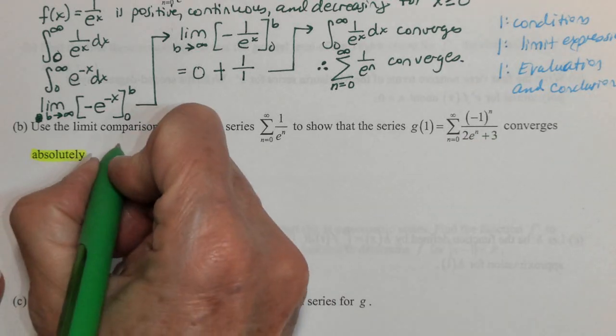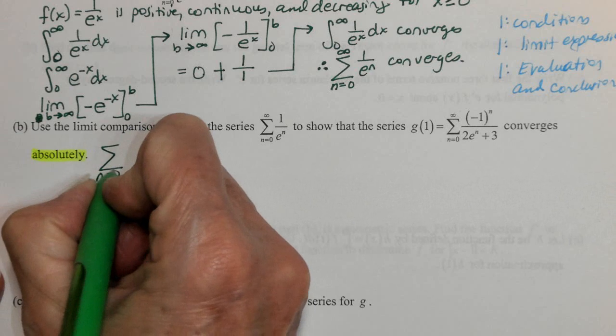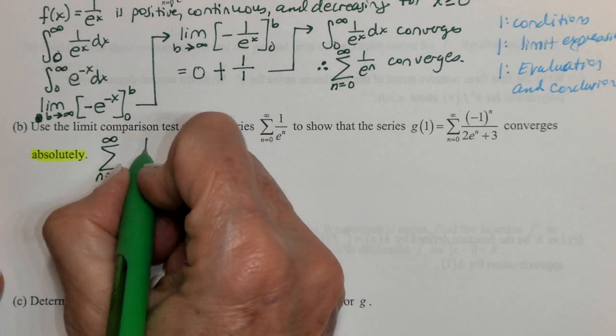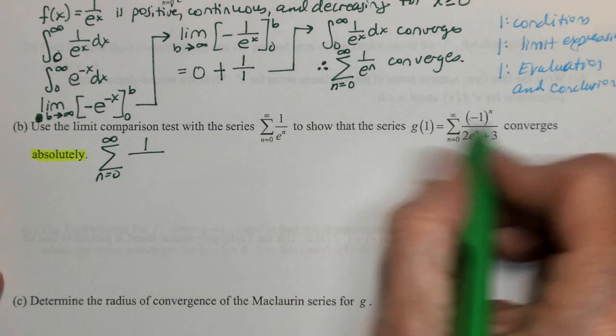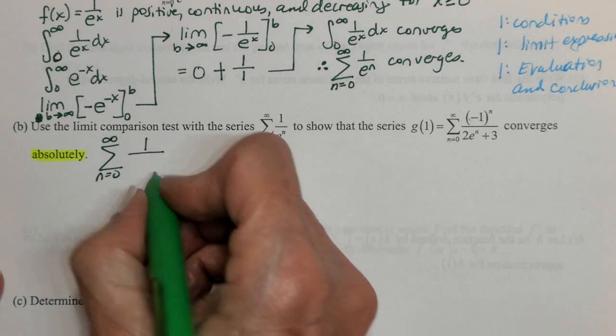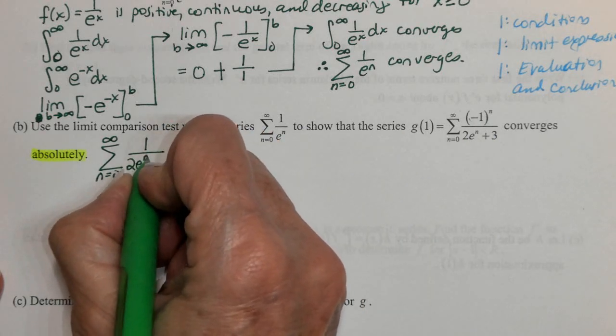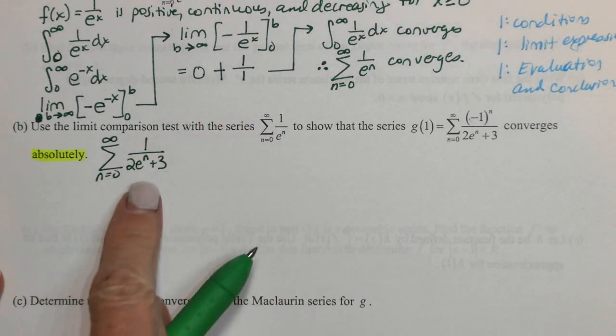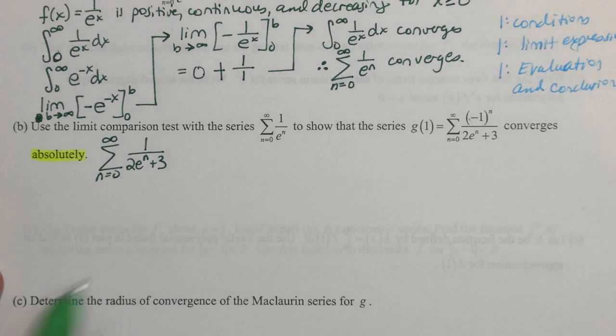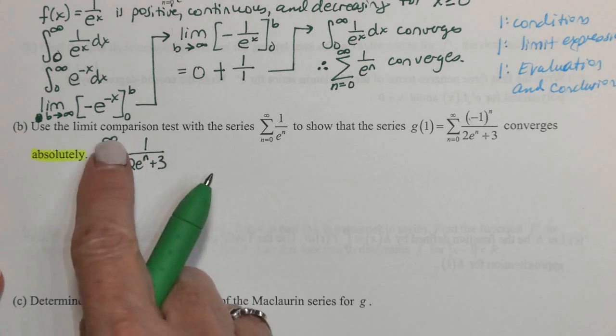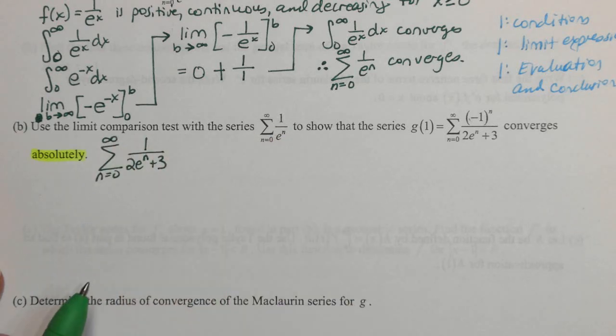So I'm asking myself, without the negative 1, if I replace the negative 1 with a 1, I need to be able to say that that converges. And they tell me how to do it. They tell me to use the limit comparison with this thing.